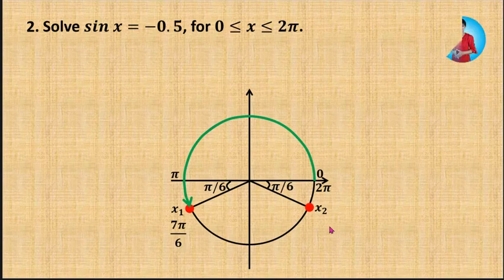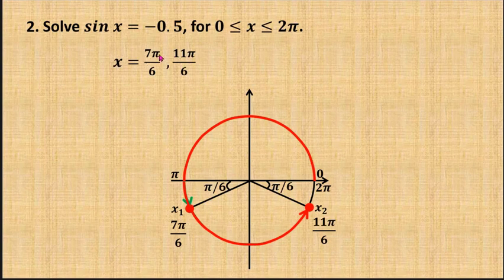Similarly, the value of x2 starts from 0 to x2 in the direction of anti-clockwise, and this value can be obtained by using 2 pi minus pi over 6, which is equal to 11 pi over 6. Therefore, the answer is 7 pi over 6 and 11 pi over 6.